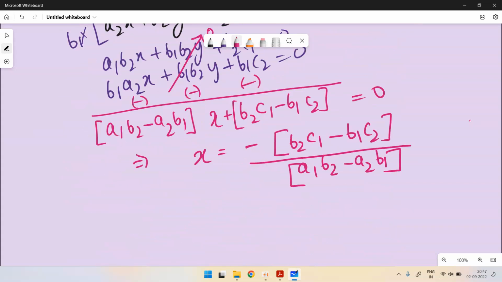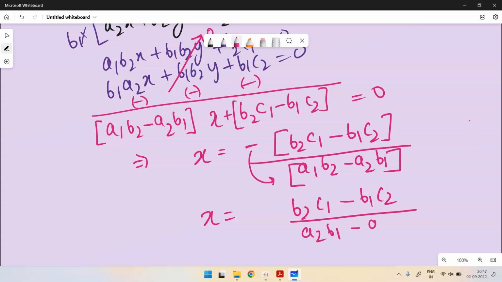Now if you put this minus sign here, or if you take the minus sign from the denominator as common, it can be written as b2 c1 minus b1 c2 by a2 b1 minus a1 b2.